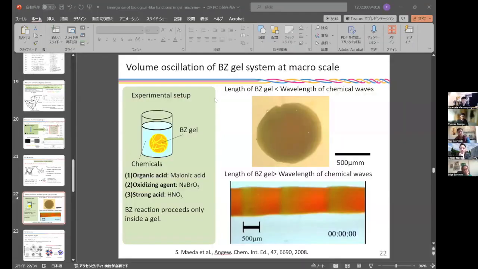So this is my experimental setup. This is the gel, and then we put the gel into the chemical solutions. So basically, we have to make an open system. The gel is an open system. So it absorbs the chemicals from the environment, and then some chemical reactions happen inside the gel.